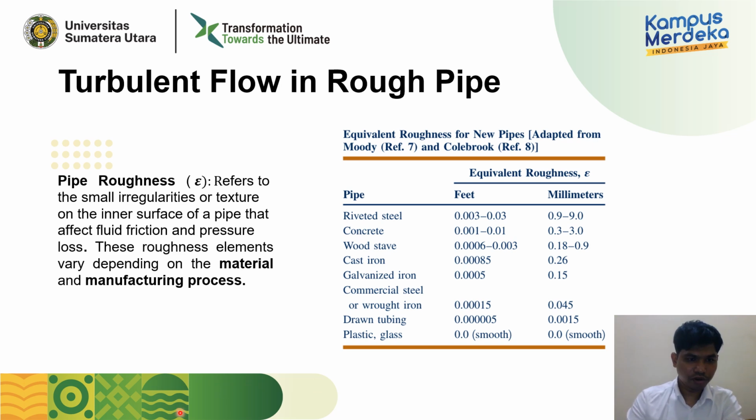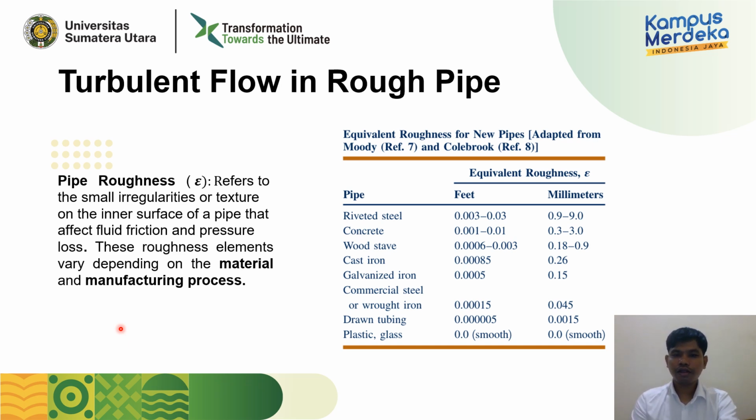First, we need to know about the pipe roughness. It refers to the small irregularities of texture on the inner surface of a pipe that affect fluid friction and pressure loss. These roughness elements vary depending on the material and manufacturing process.